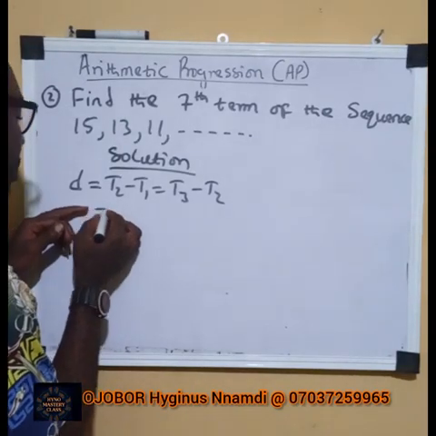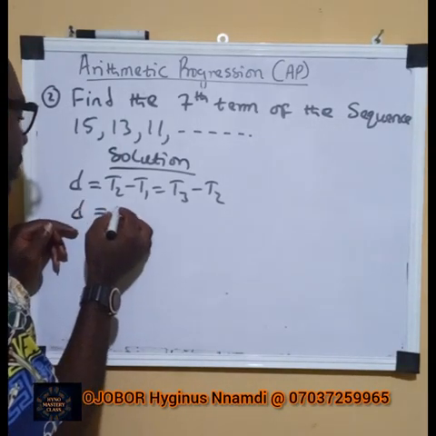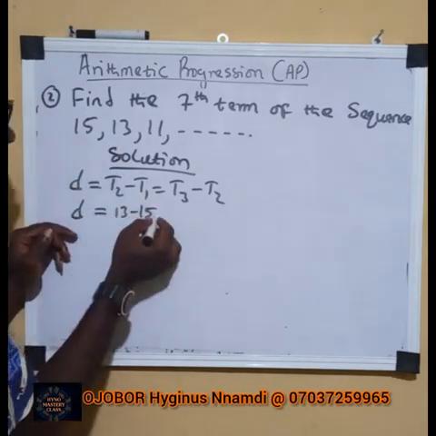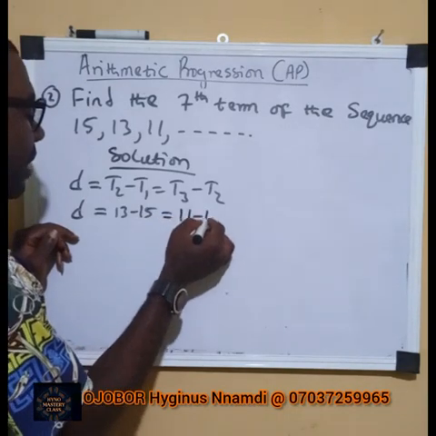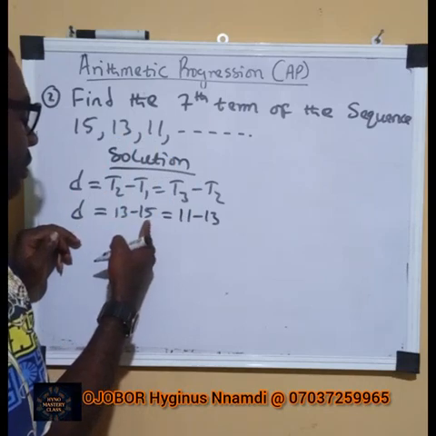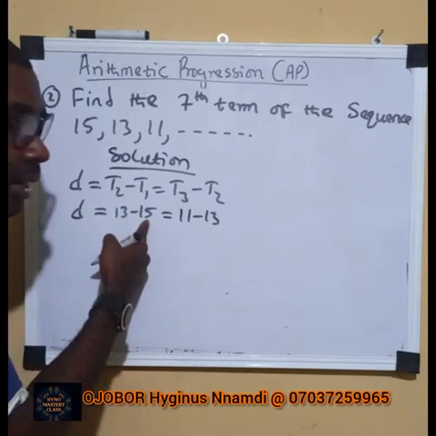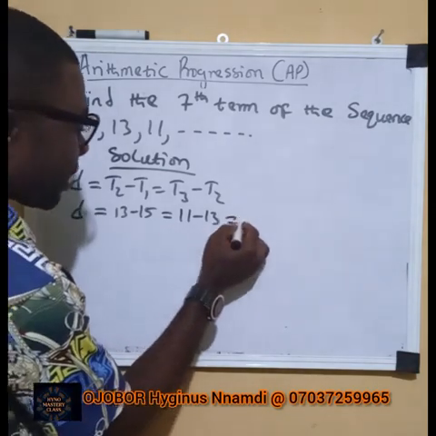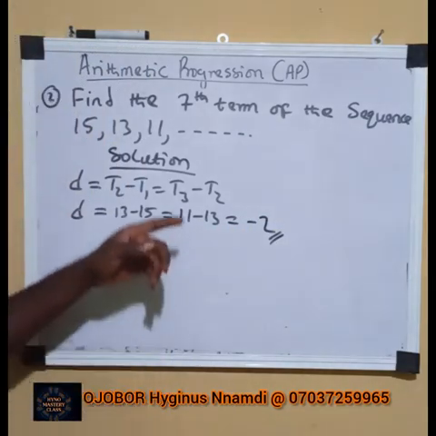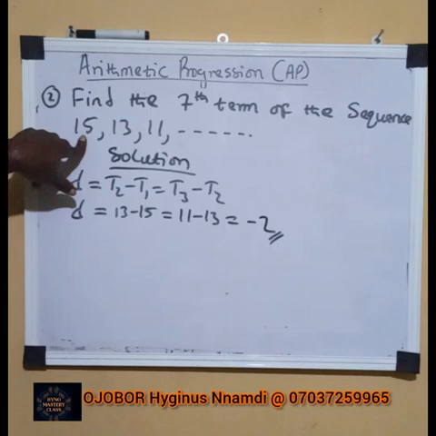So d is equal to 13 minus 15, which is T2 minus T1. I can also say 11 minus 13. 13 minus 15 will give us minus 2, right? 11 minus 13 will also give us minus 2. So the common difference is minus 2. It has a common difference. So the number we are going to add to 15 is minus 2 to get 13.